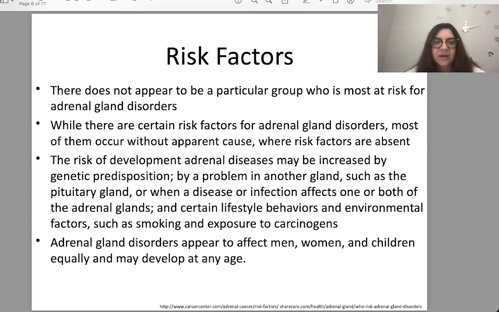Where risk factors are absent, the risk of developing adrenal diseases may be increased by genetic predisposition, by a problem in another gland, such as the pituitary gland, or when a disease or infection affects one or both of the adrenal glands, and certain lifestyle behaviors and maybe environmental factors such as smoking and exposure to carcinogens. Adrenal gland disorders appear to affect men, women, and children equally and may develop at any age.